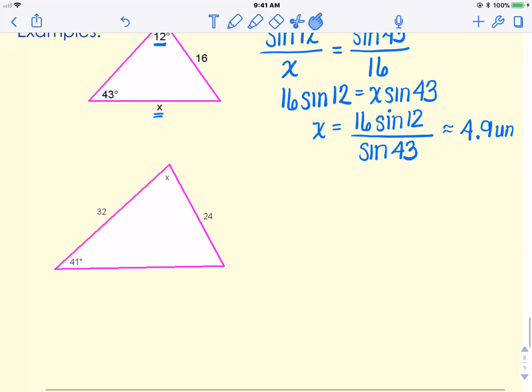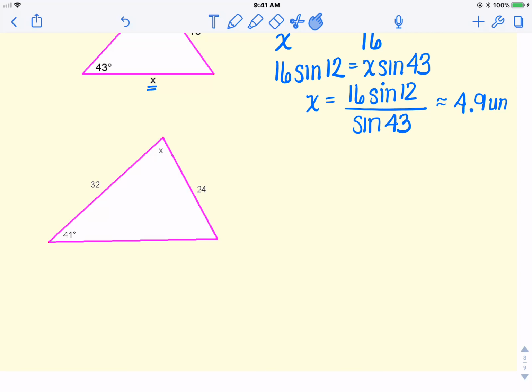It does make sense that that side length is smaller than 16. In the final problem, they're missing an angle measure. And law of sines can help us with that. But we would need the side across from it, which we don't have. So that would mean we'd have 2 pieces of that proportion that are missing. So we aren't going to look for x. If I could find the other angle in this triangle, I could then find angle x.